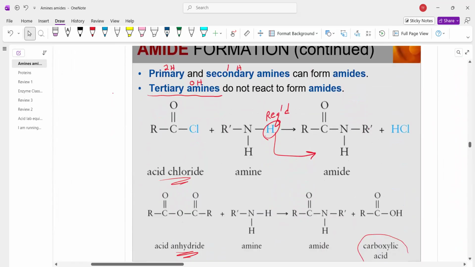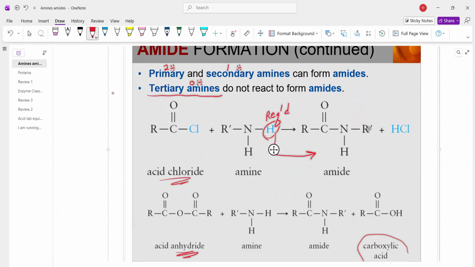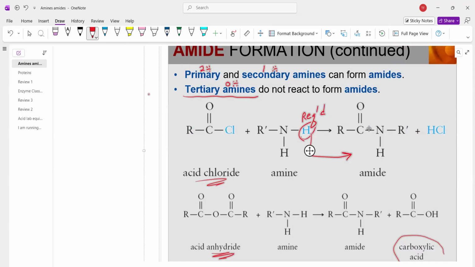Okay, another important distinction is you have to have a free hydrogen attached to the nitrogen on the amine. One or two work fine. That means primary and secondary will form an amide, but the tertiary one is lacking that hydrogen.